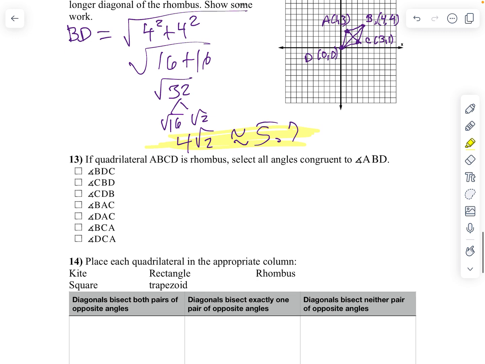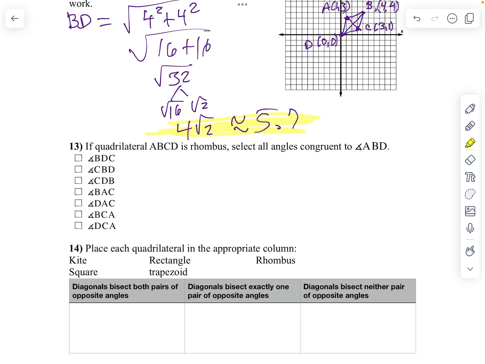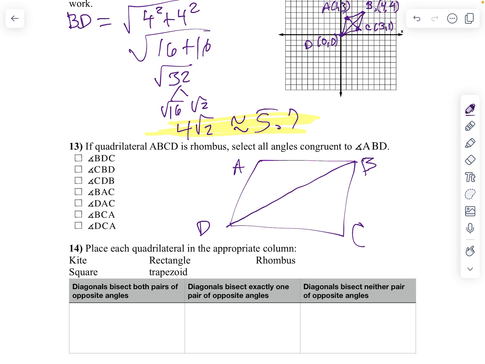On question 13, I've got another rhombus, don't I? So in this rhombus, A, B, C, D, I want to look at all the angles that are congruent to ABD. Well, I know the diagonals bisect my angles, and I know the opposite angles are congruent.